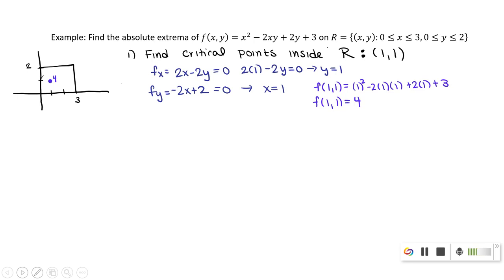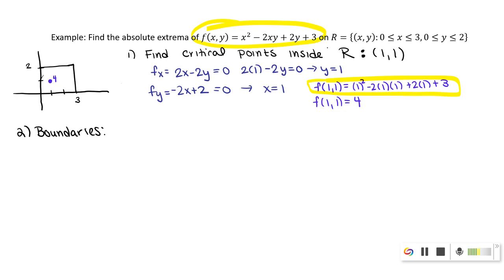And then I'm going to evaluate my function at that critical point. If you plug (1, 1) into the original function, I ended up getting 4. So the z value is 4 at that critical point inside my rectangle. We'll use that information later.